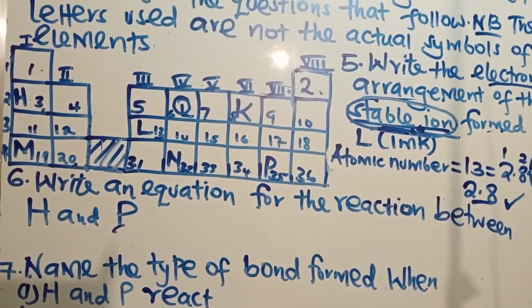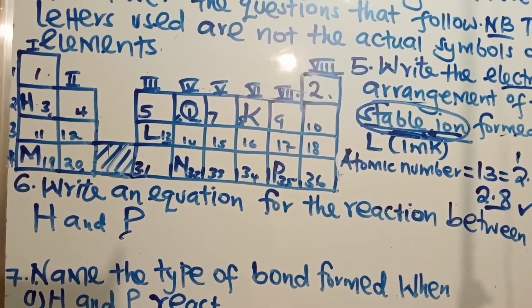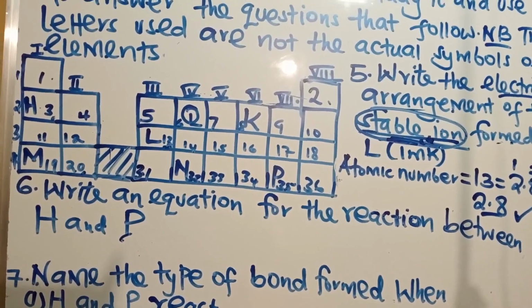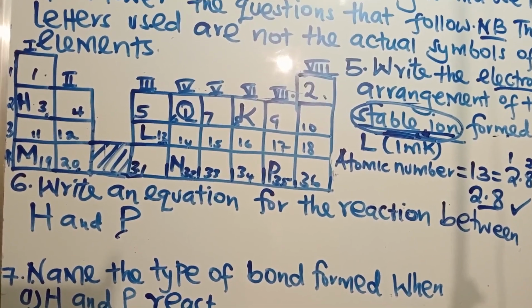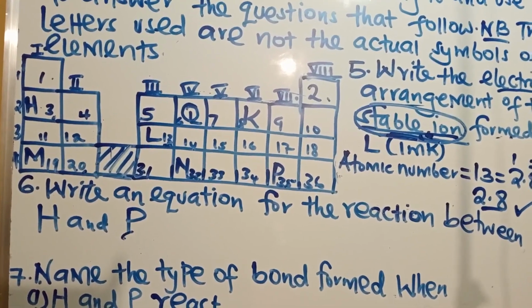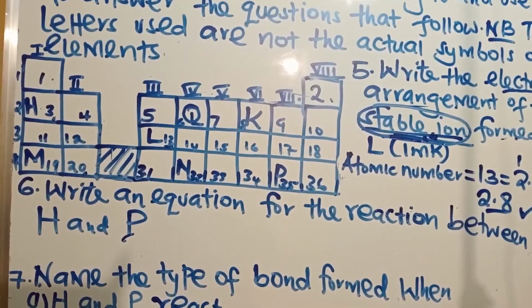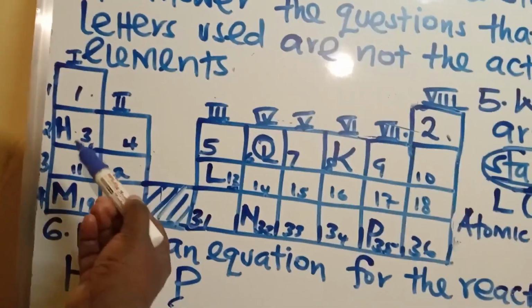Like now, from the grid or the periodic table provided, we have element H. Normally, element H stands for hydrogen, but in our periodic table here, H is not hydrogen. It is actually lithium, because as we wrote from the beginning, this is atomic number 3.